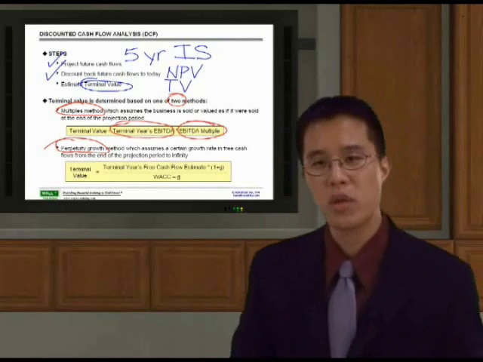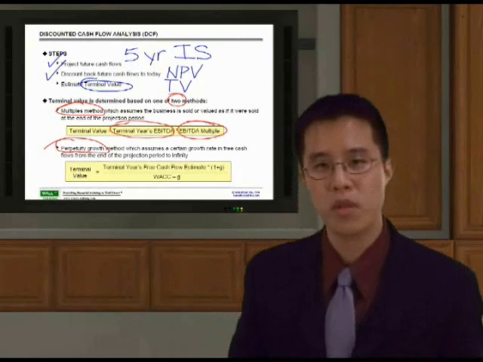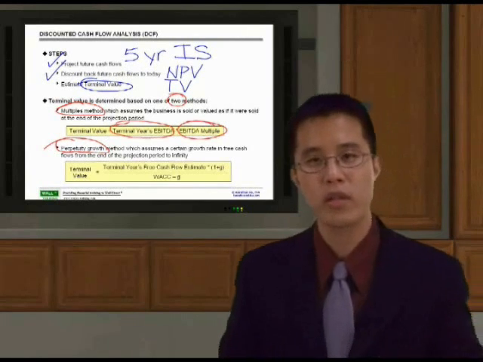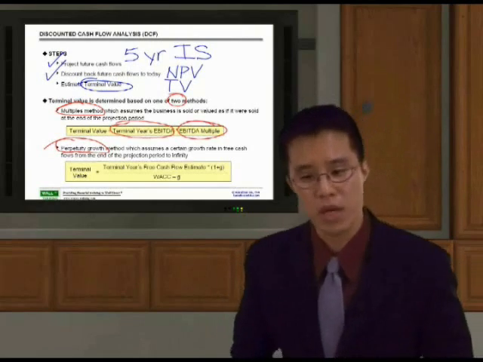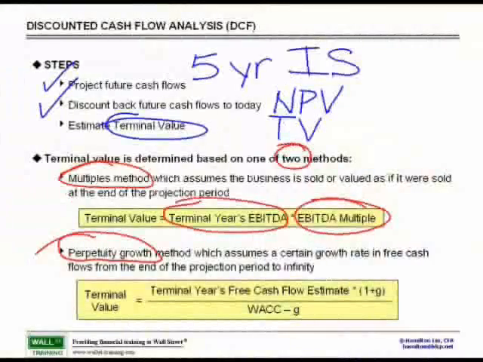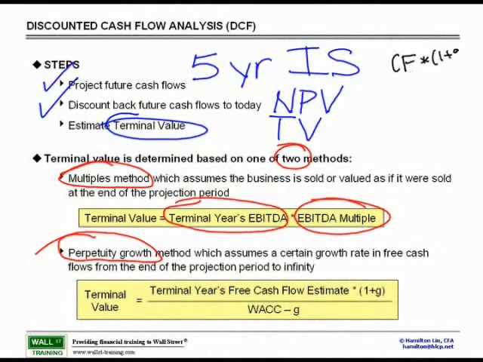And therefore, you will apply the growing perpetuity formula, also pioneered by Mr. Gordon, the Gordon growth model. What was the formula again? It was CF times 1 plus G divided by R minus G. You will apply that formula to your last year's free cash flow estimate.